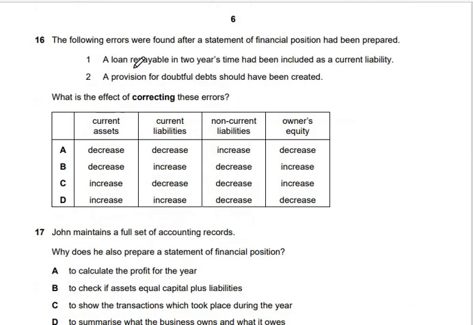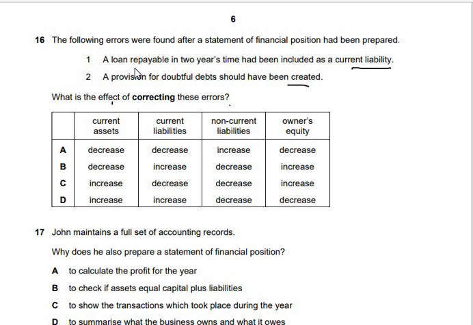Okay, 16. The following errors were found after a statement of financial position had been prepared. Okay, there is a loan payment in 2 years' time which had been included as a current liability. All right, and the provision for doubtful debt which should have been created. All right, so what is the effect of correcting this error? So there is a loan repayable in 2 years' time.